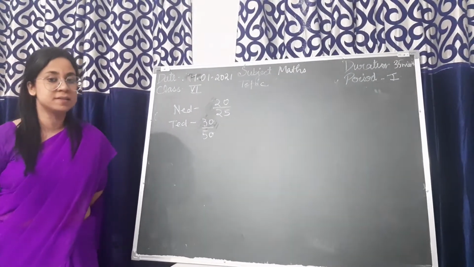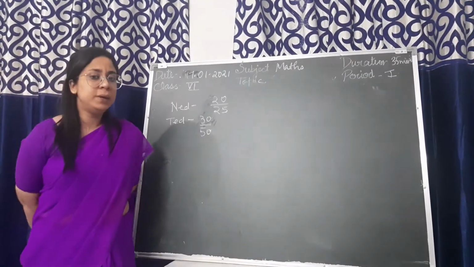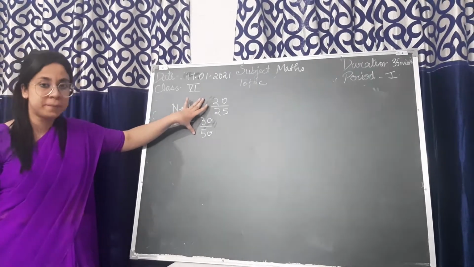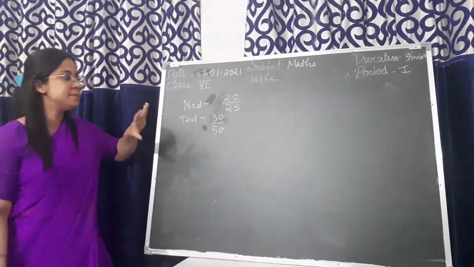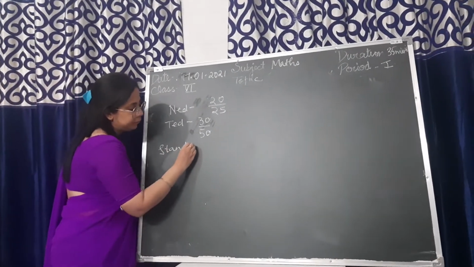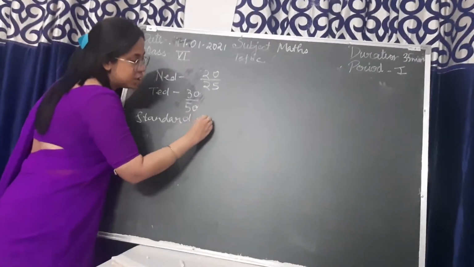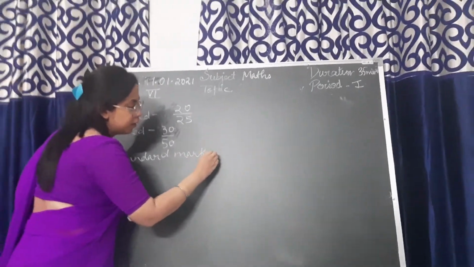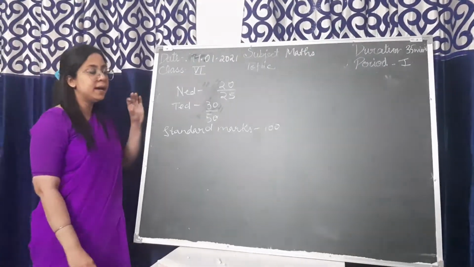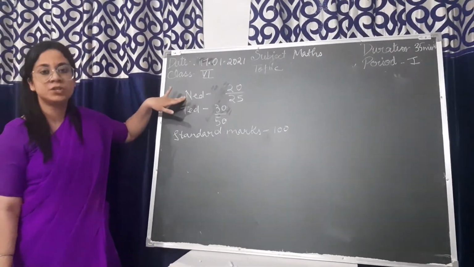But we can make their maximum marks same. We can consider their maximum marks as standard marks which are 100, and taking that marks as standard, we can calculate how much Ned scored.